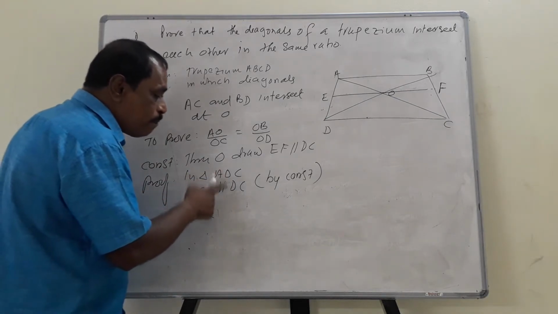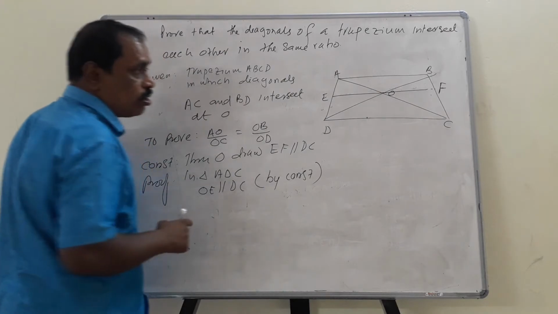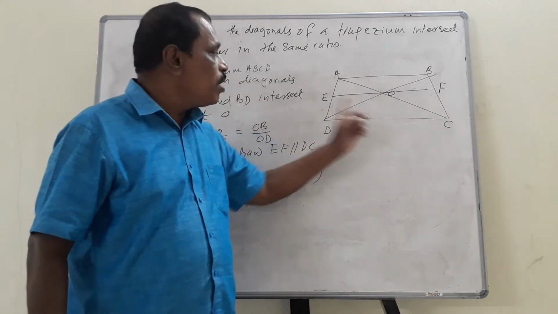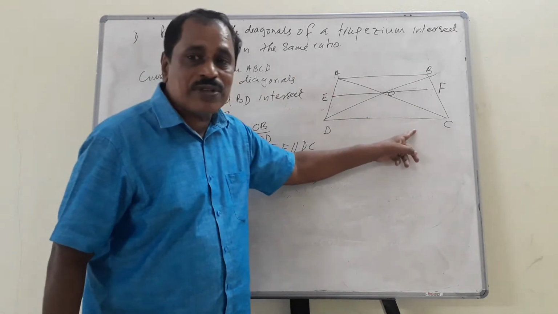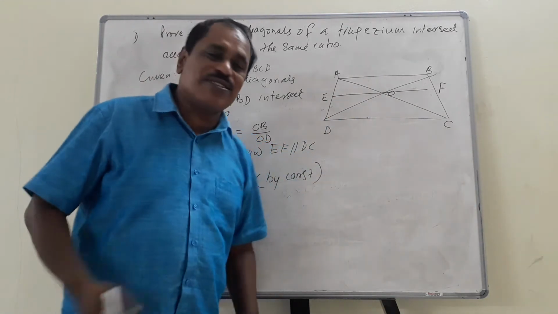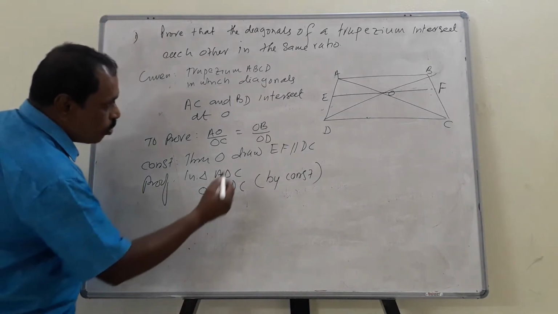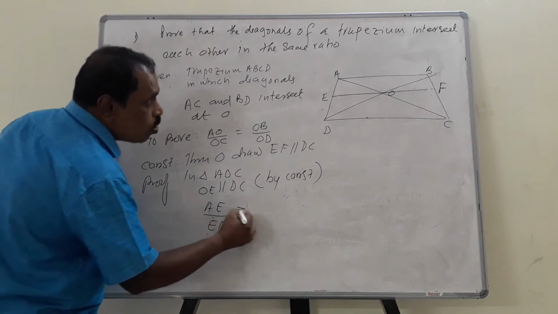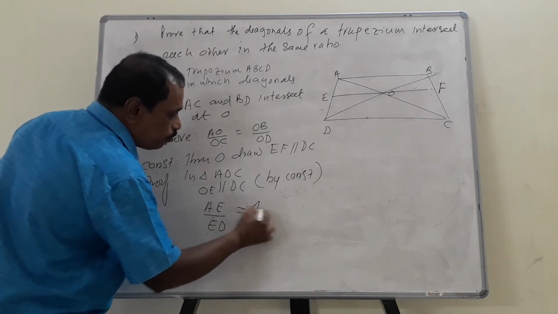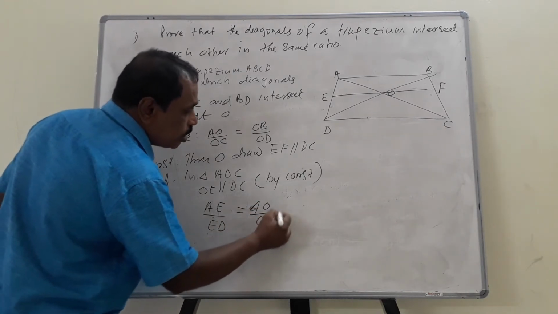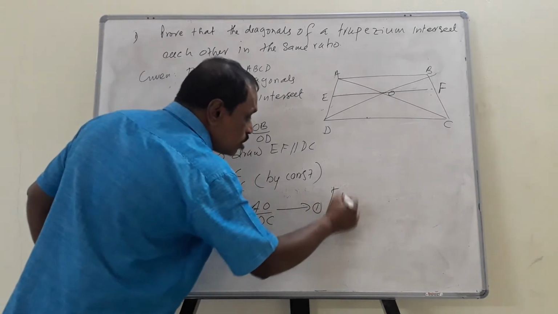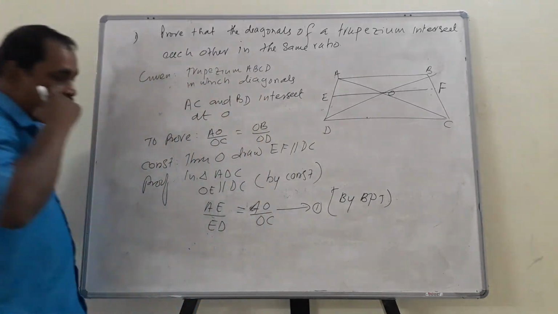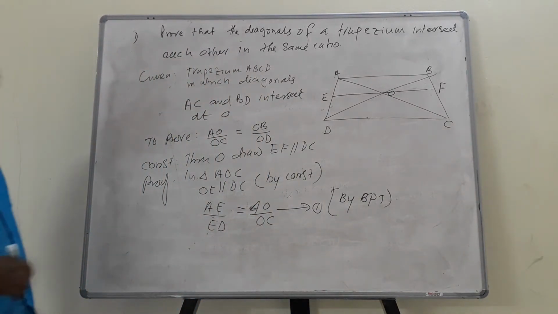So OE is parallel to DC by construction, and by the basic proportionality theorem, in a triangle a line parallel to one side will divide the other two sides in the same ratio. Therefore, AE by ED equals AO by OC. Equation number 1, by BPT. Clear?